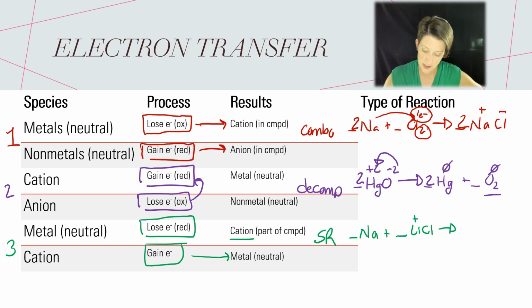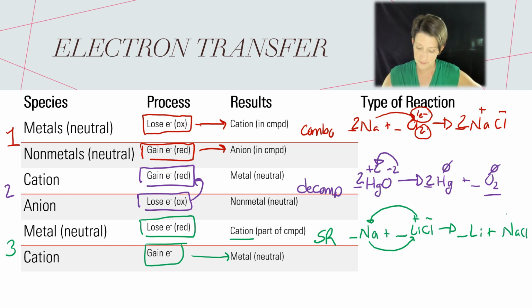Lithium has a positive charge, chlorine has a negative charge. Sodium wants to be the cation. So sodium is going to give lithium its electron so that it forces lithium to come out as a neutral element. So lithium comes out as a neutral element, and sodium now becomes an ion in solution.